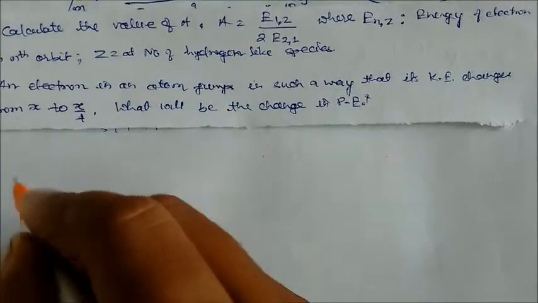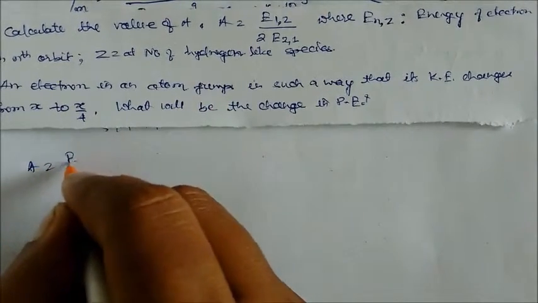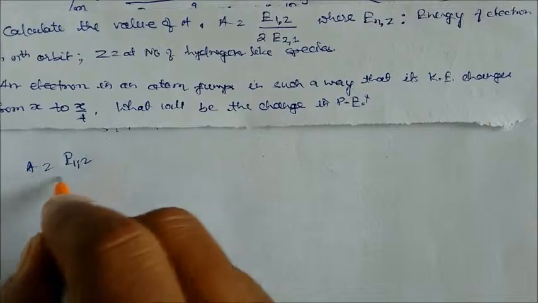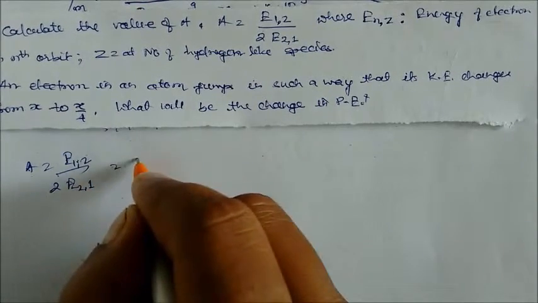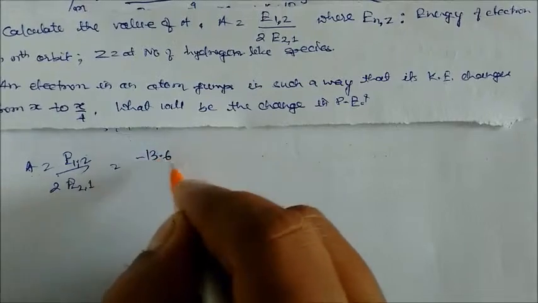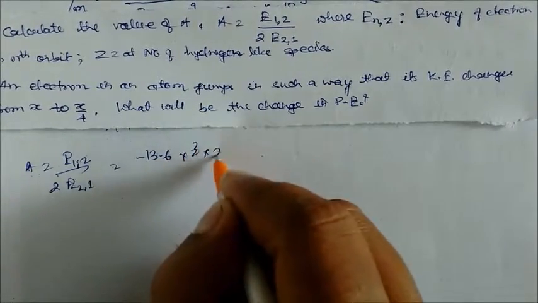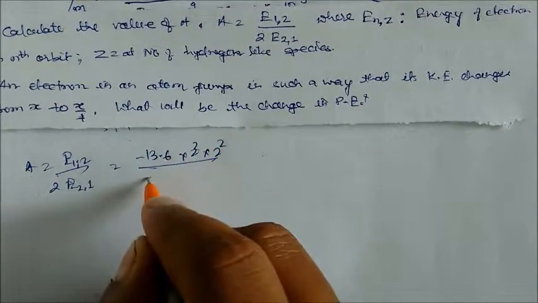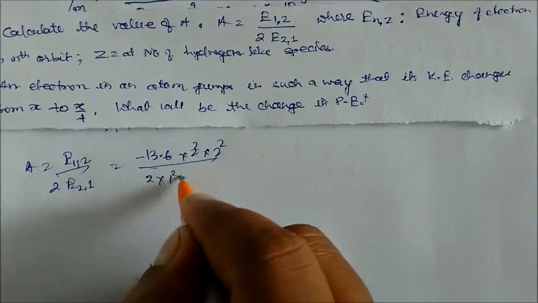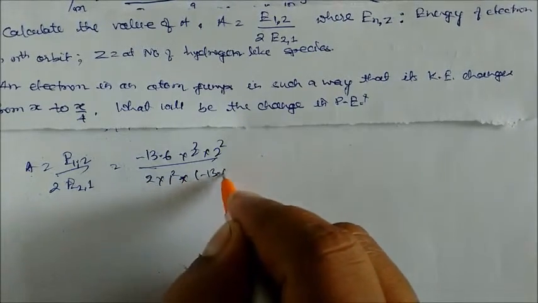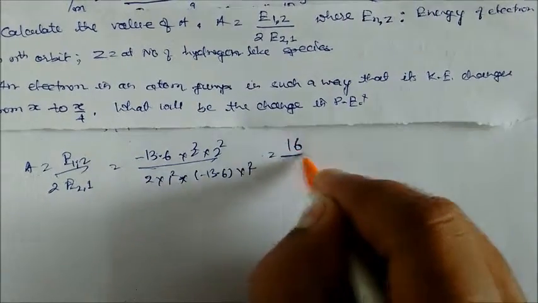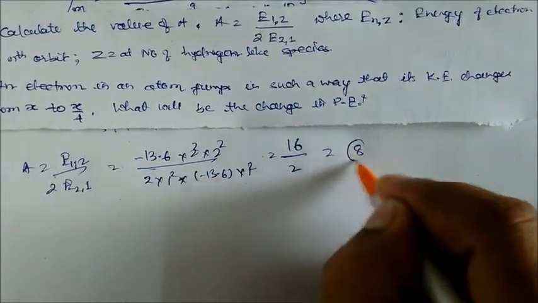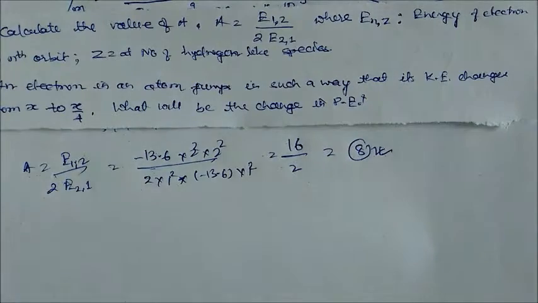So here A equals E(1,2) over 2 into E(2,1). Putting the values: minus 13.6 into 2 square multiplied by 2 square, divided by 2 into 1 square multiplied by minus 13.6 into 1 square. So we get 16 by 2, so the answer will be 8. So this is the 8.